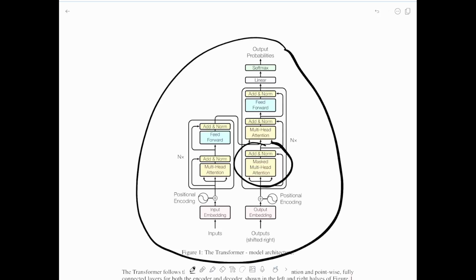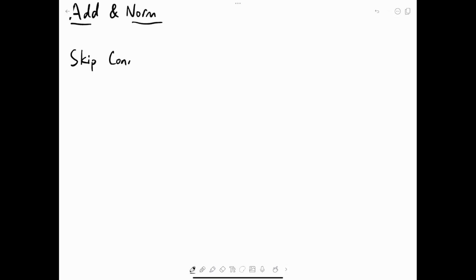So what is that? The idea of add and norm, these are two separate ideas. The first idea is add, and the second idea is norm. So what is add? Add actually refers to what's called a skip connection. This is also called a residual connection.